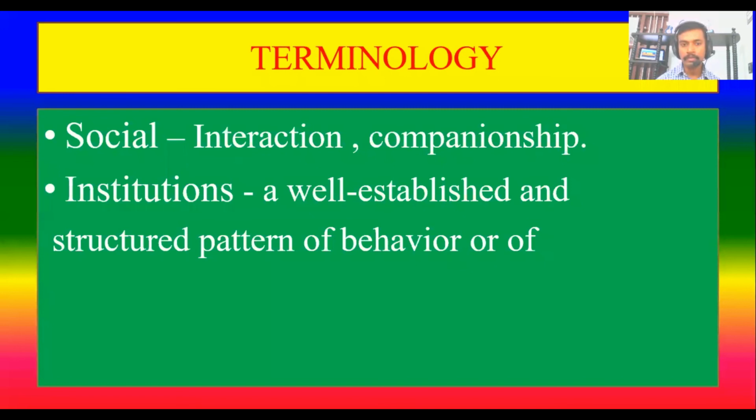Then meaning: a social institution is a complex, integrated set of social norms organized around the preservation of basic social values.